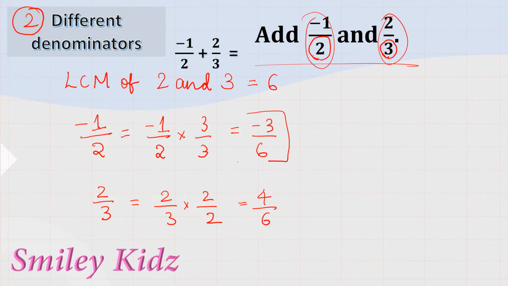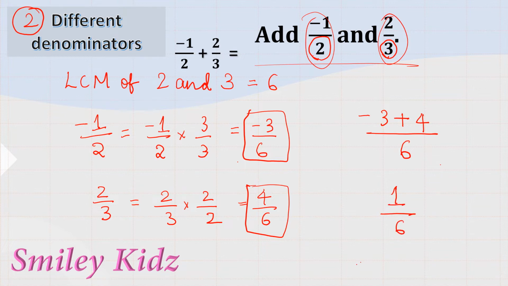Now we are having the same denominators. Now we will simply add the numerators. -3 plus 4/6. -3 plus 4 will be equal to 1. 1/6. Therefore, when we add -1/2 and 2/3, we get the answer as 1/6.